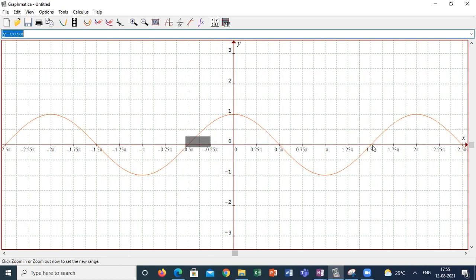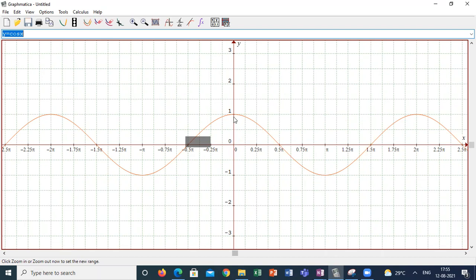Whatever the values are here, the same values are repeating again. The graph between 0 to pi is the same graph again between minus pi to 2 pi. It is starting with negative values going to positive values. So unique values are available between 0 to pi for cos.